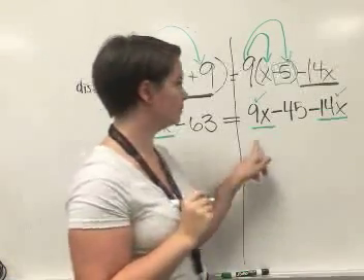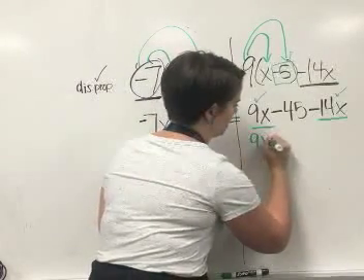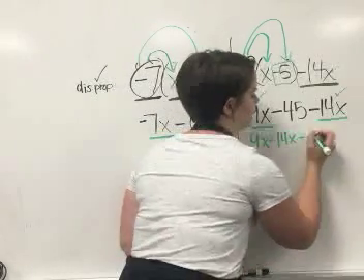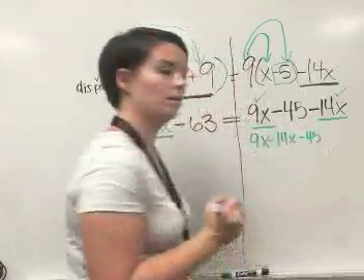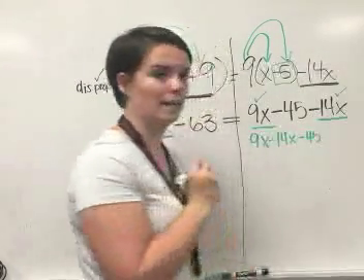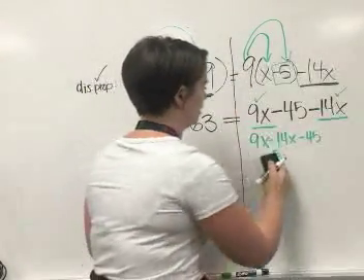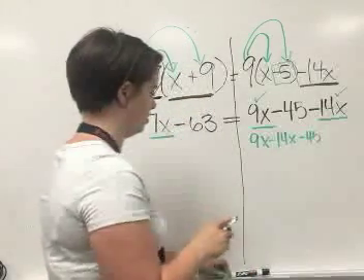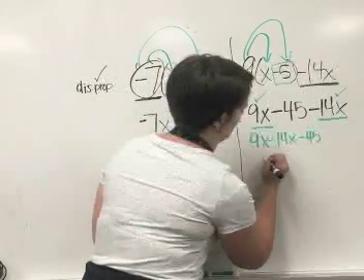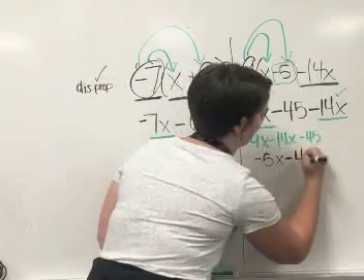So what am I going to do? I'm going to reorganize it. 9x minus 14x minus 45, negative 5x minus 45.